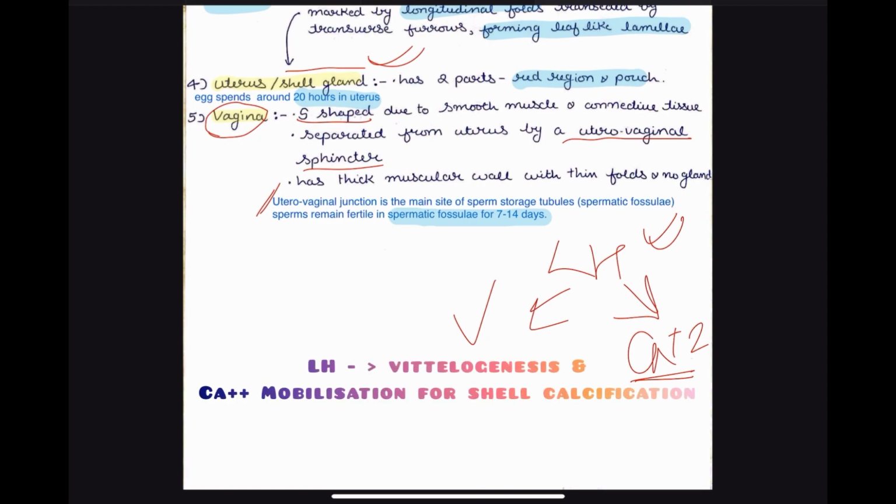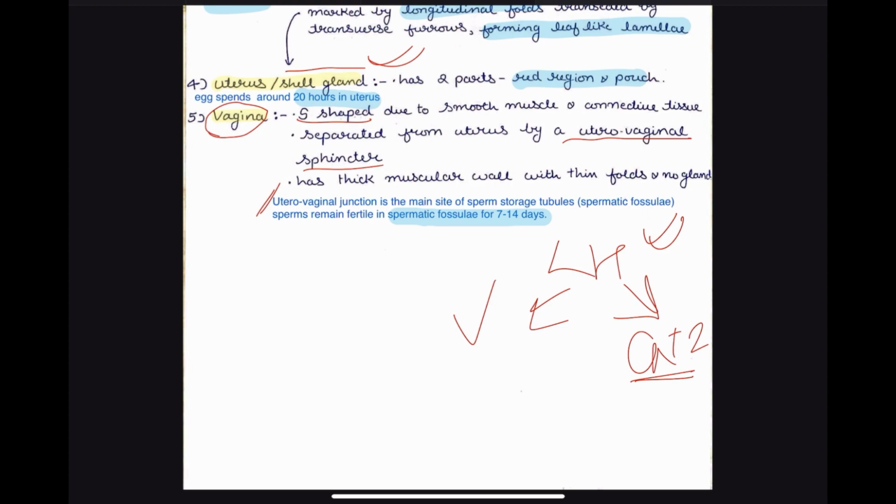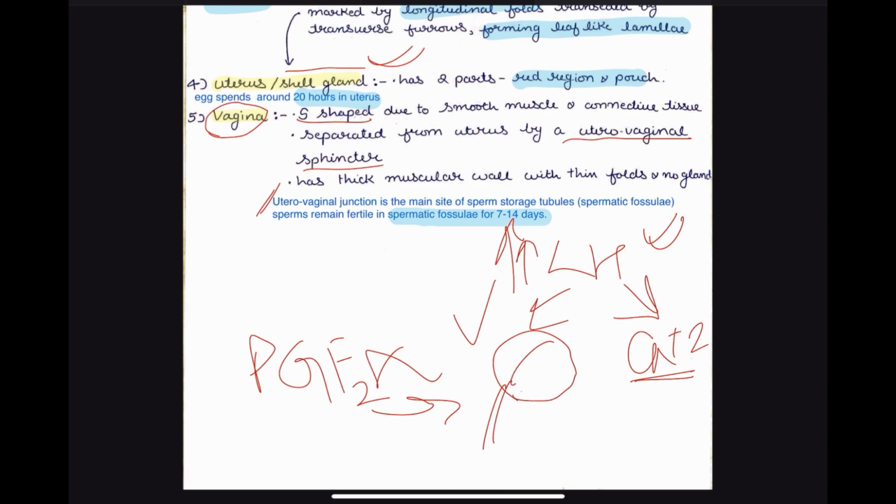Second thing, there is going to be an LH surge, a very high increase in the LH concentration. And what is it going to do? It is going to cause the release of a prostaglandin called PGF2 alpha. This PGF2 alpha is going to act on a structure called the stigma.